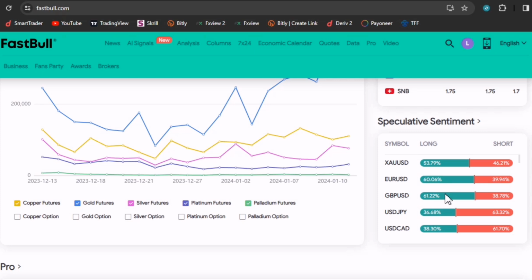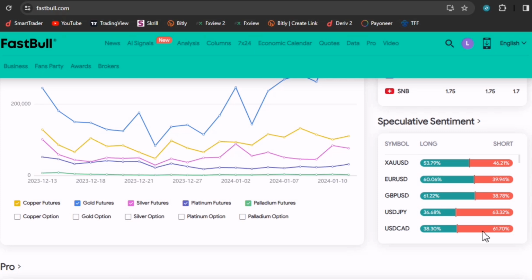So right here, EURUSD is on a strong downtrend, so it's moving downwards. It's somehow the opposite of what you see. If the green part is bigger than the red part, it means that price is going downwards. And just like USDCAD, if the red part is bigger, it means that price is moving upwards strongly.